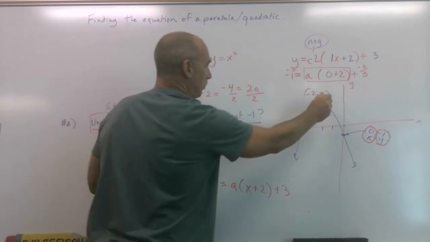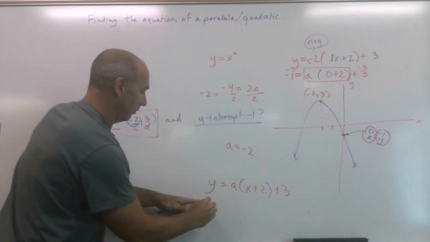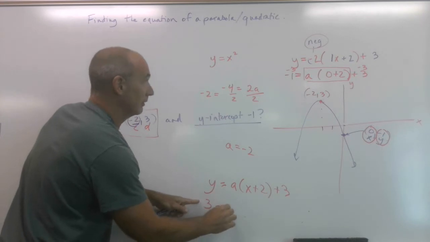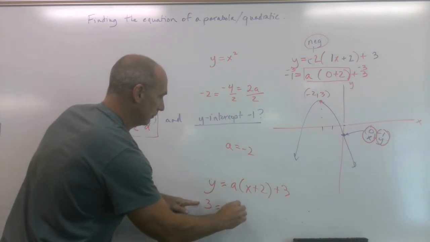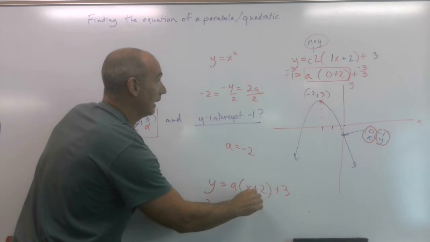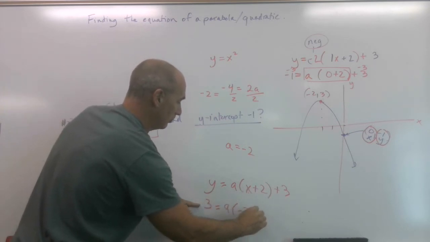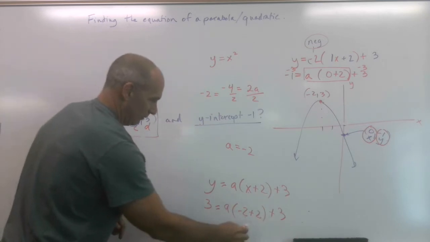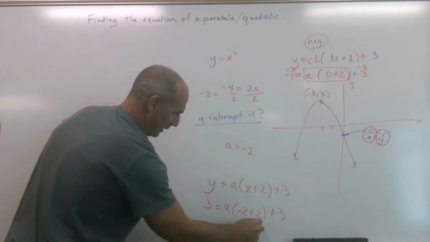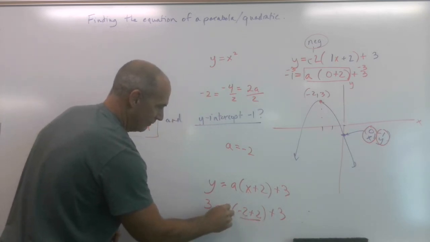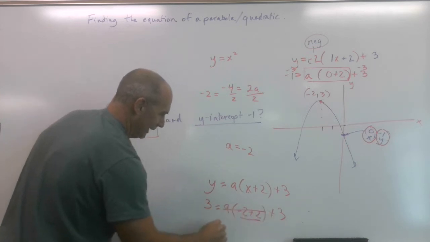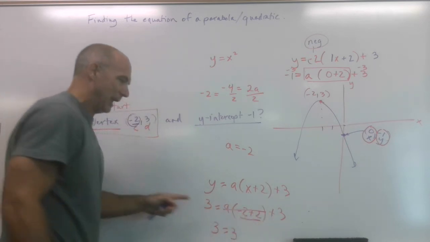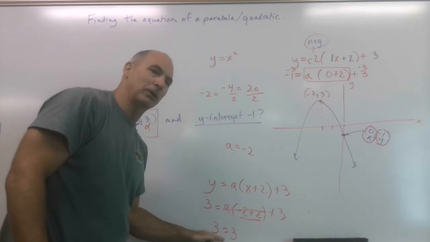If I plug this point in, I get 3 equals a times x, which is -2 plus 2 plus 3. And if I said, hey, what does this even give me? Well, that's 0a. That would cancel, and I'd just get 3 equals 3. The letter that I'm trying to find just disappears.